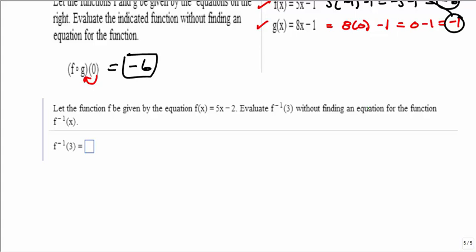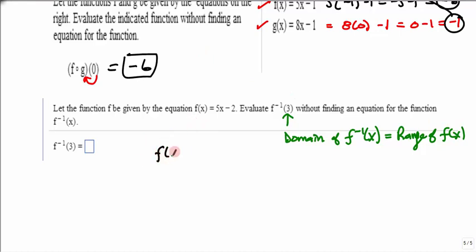Now we have to remember the business about the domain and the range swapping. So this value of 3 is the domain of the inverse. The domain of the inverse, remember, is the range of my original function. So this is the information that we're going to use here. My original function, f of x equals 5x minus 2, the range would be the y value.